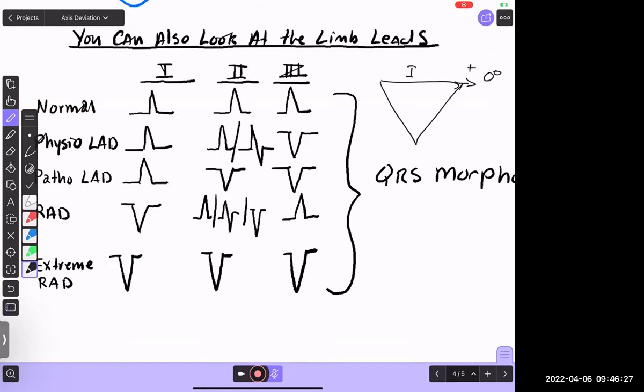Then you've got lead 2 right here, and lead 3 right here. The positive electrode for lead 2 is down here, and the positive electrode for lead 3 is down here.